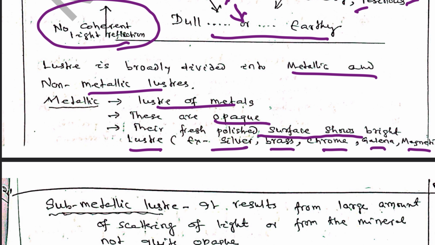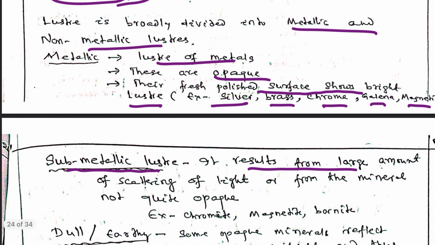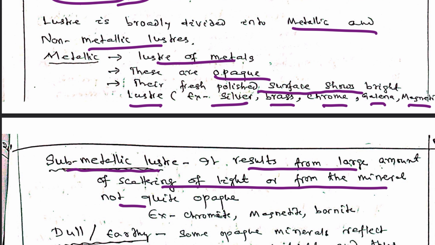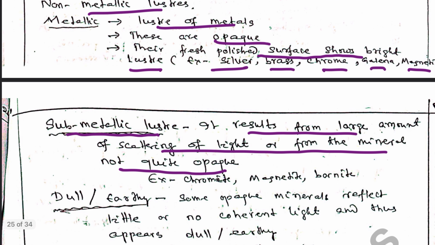And submetallic luster results from a large amount of scattering of light, or from minerals not quite opaque. They are not quite opaque, and in that case a large amount of scattering of light takes place.